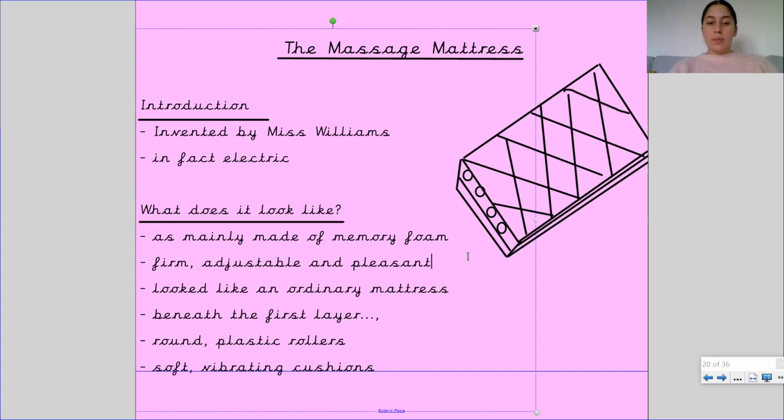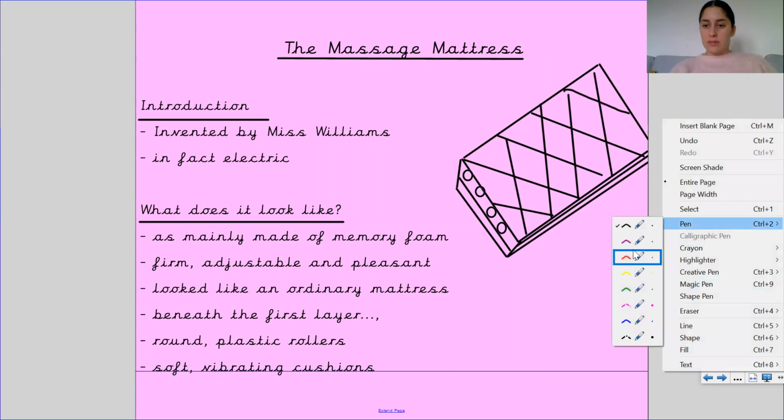So when I put it into a sentence, I would probably say, as it was, because we need to remember to use the past tense, as it was mainly made of firm, adjustable, and pleasant memory foam, it looked like an ordinary mattress. But we're not going to put it into a paragraph just yet. But these are the bullet points that I've come up with, and it ticks quite a few boxes. Well, it ticks all the boxes.